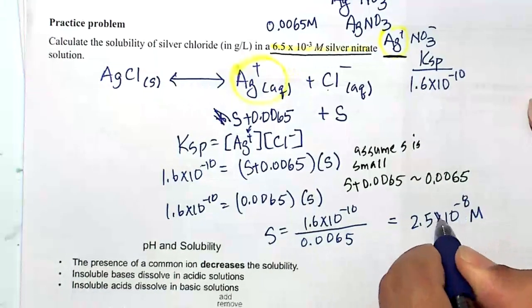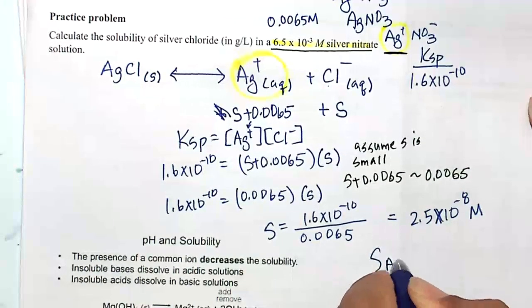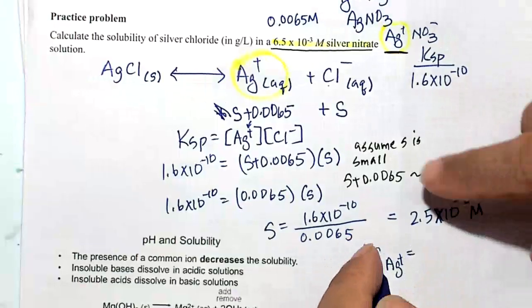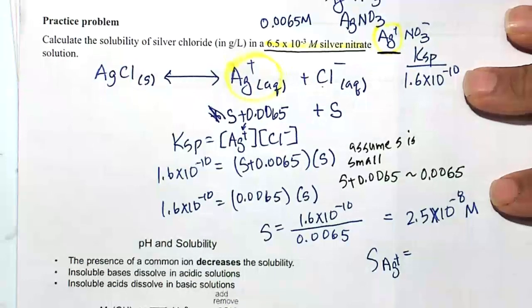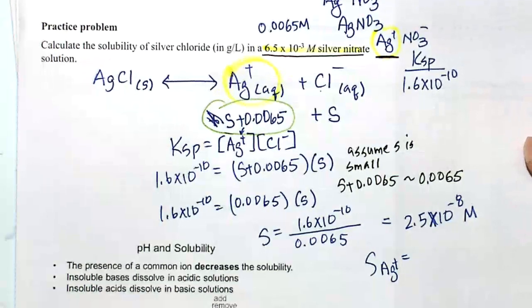big M. All right, so the solubility of Ag+ is going to be this, S plus 0.0065.